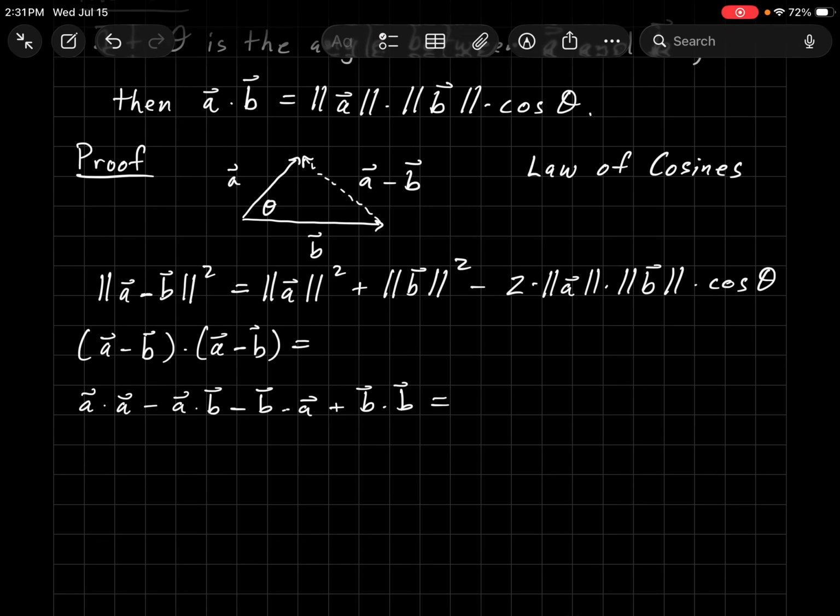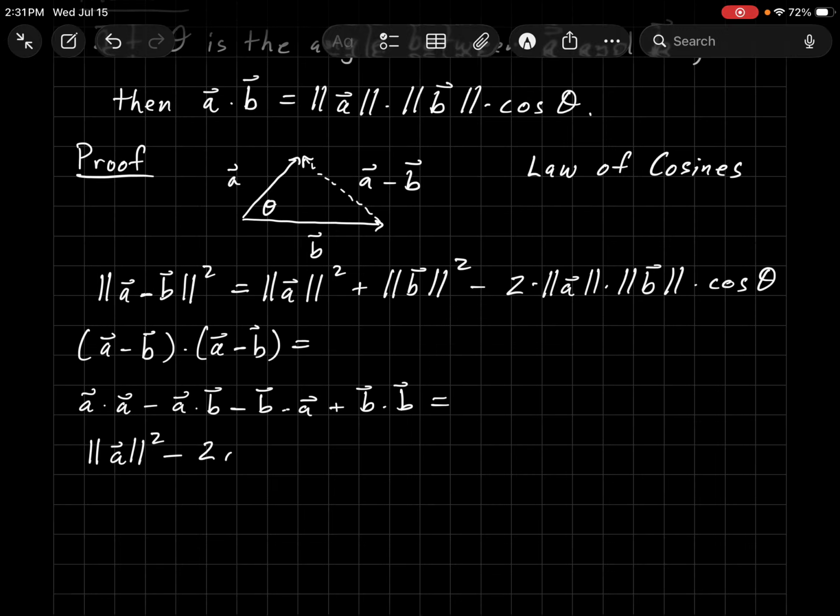Now, A dot A is the magnitude of A all squared, right? And then A dot B and B dot A are the exact same thing. That's one of the properties we showed above.